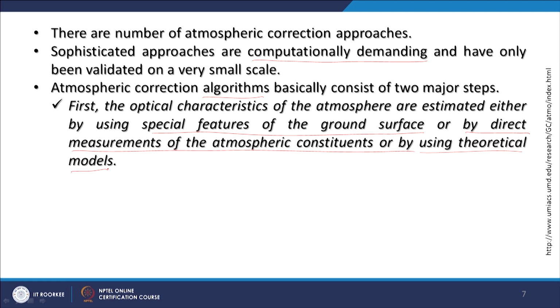Now, we will spend some time on this particular sentence here. If there are special features on the ground, that means if you have some objects with very high reflectance, very high albedo, then you can take that as one of the references. How? Suppose you have a patch which you expect should have the highest reflection, close to 255 in an 8-bit image scenario. Suppose the registered reflection in the pixel is 250.